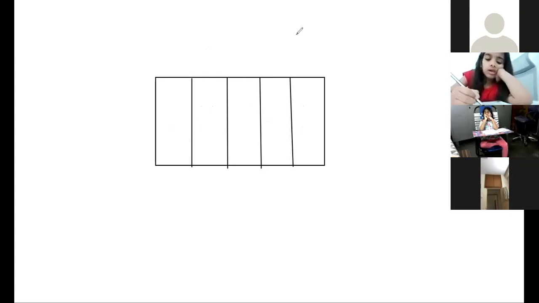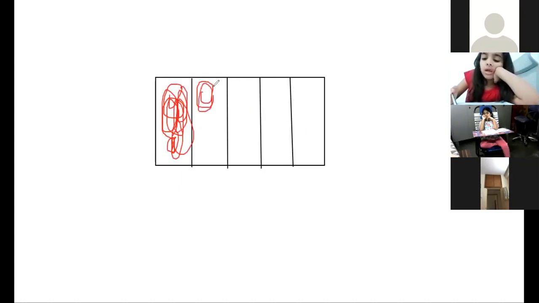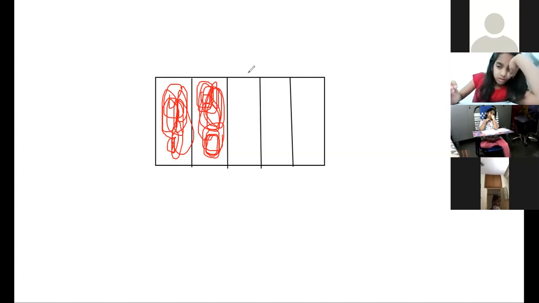Now let's suppose I have shaded 1 part of it, then another part. Tarini, please pay attention. Now, out of these 5 parts, I have shaded how many parts?